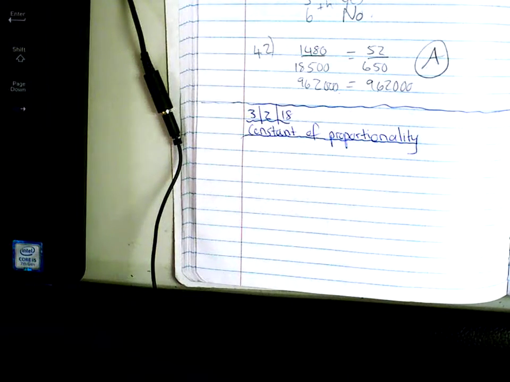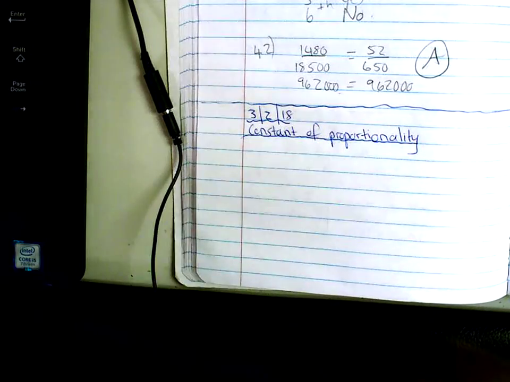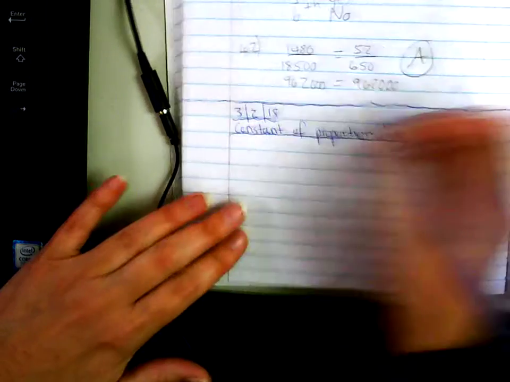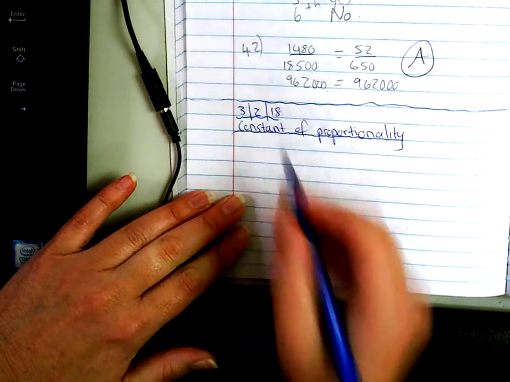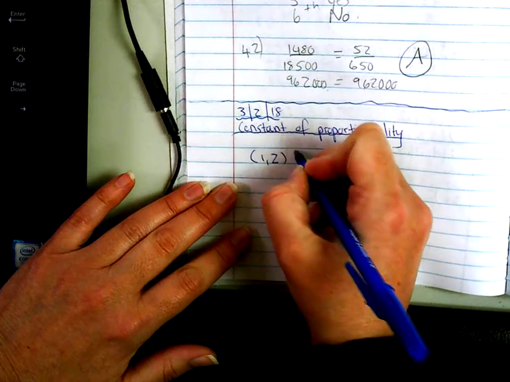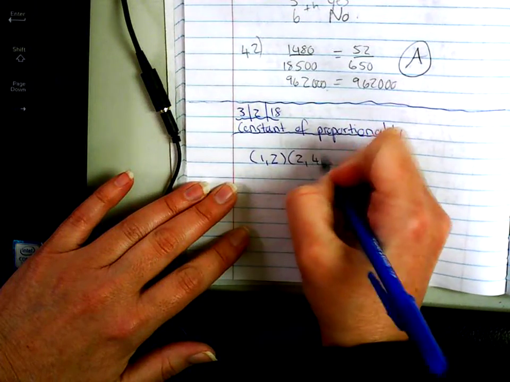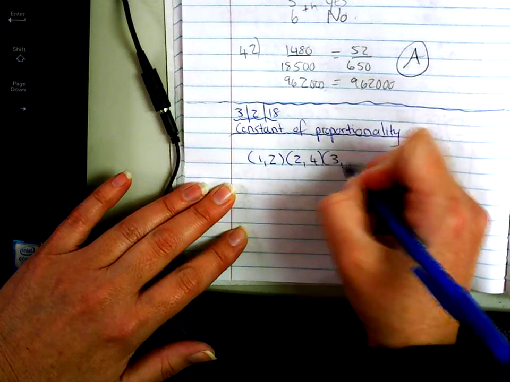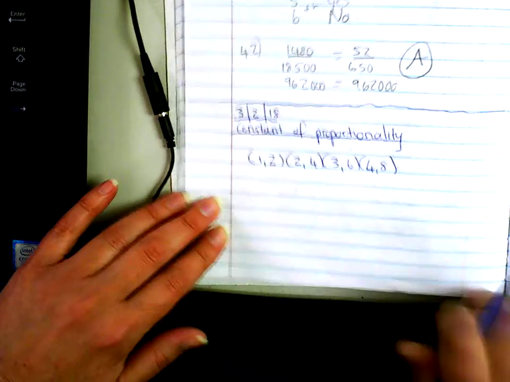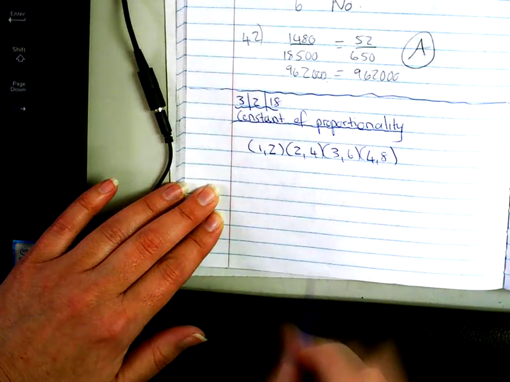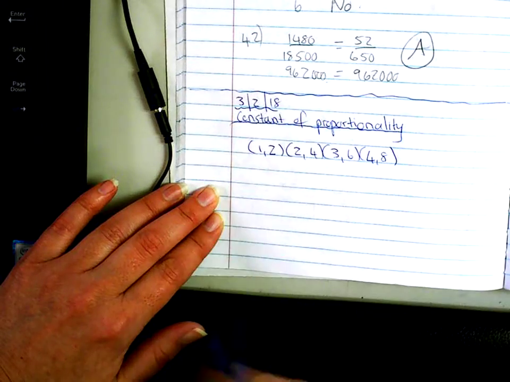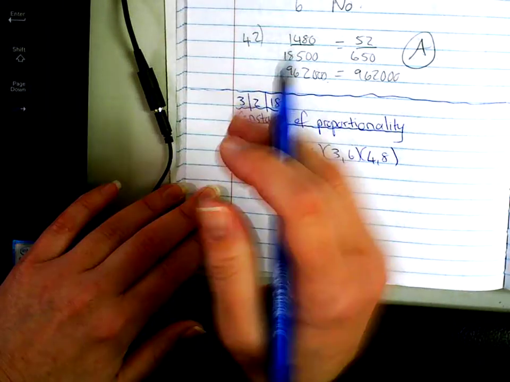All right? Now I'm going to start straight off by doing some coordinates. And I'm going to write my coordinates like this. To make better sense of the constant of proportionality between these, I'm going to split it up into x and y values.